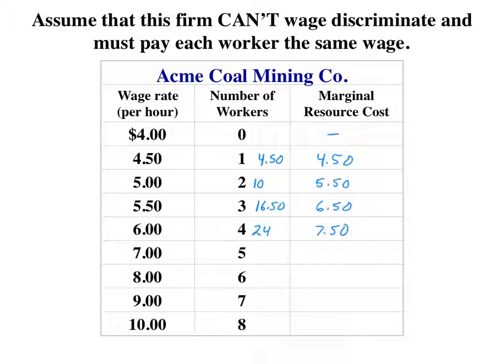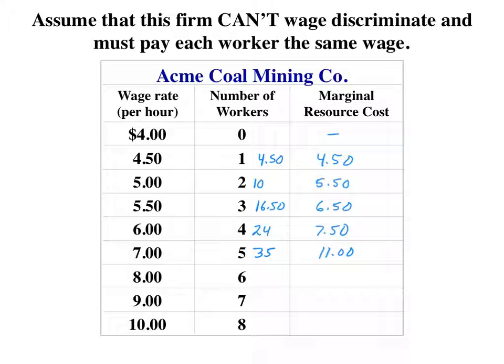To hire 5 workers, they pay $7 an hour. That's going to be $35 for total cost, making the marginal resource cost $11.